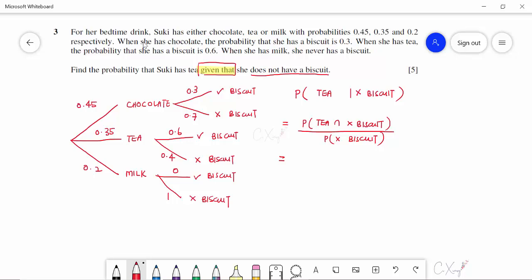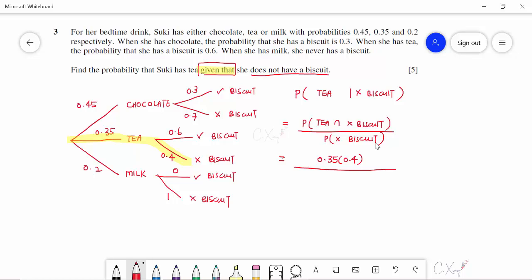Now we want to put in the values from the tree diagram. On top, the numerator, T intersect with not having biscuit belongs to this path, T and not having biscuit. So the probability here should be 0.35 multiplied by 0.4, divided by the probability of not having a biscuit at the denominator.